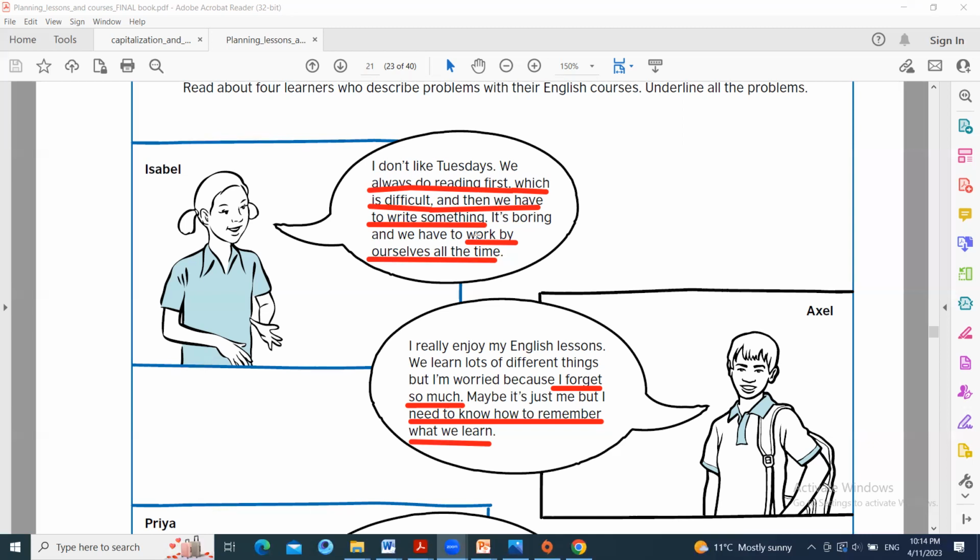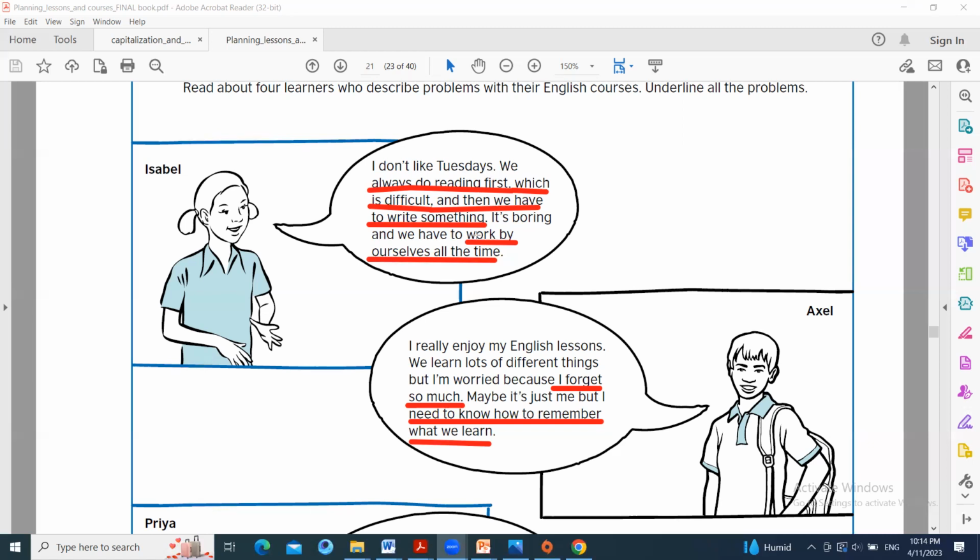Use technology: design a website, write a text message, race to find information on the internet, or create a quiz with the reading questions. That also will be helpful. Okay, this is for Isabel. What about Axel's?